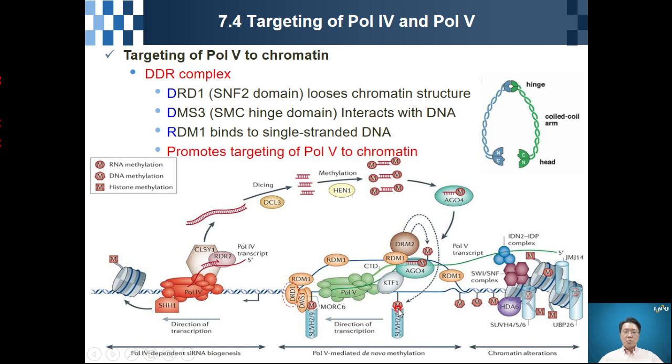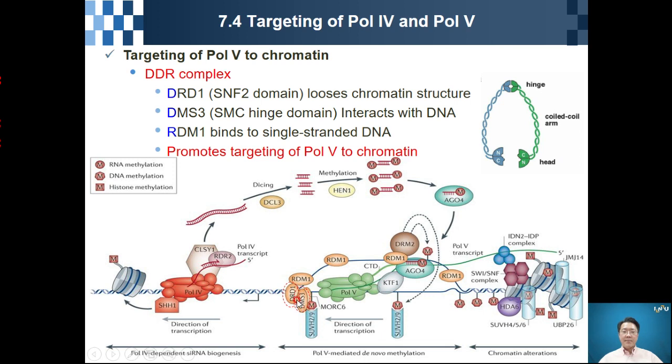DRD1 has an SNF domain, so it has ATP-dependent chromatin remodeler function. So DRD1 loosens the chromatin structure. Also DMS3 has the SMC hinge domain, so it can interact with the DNA.